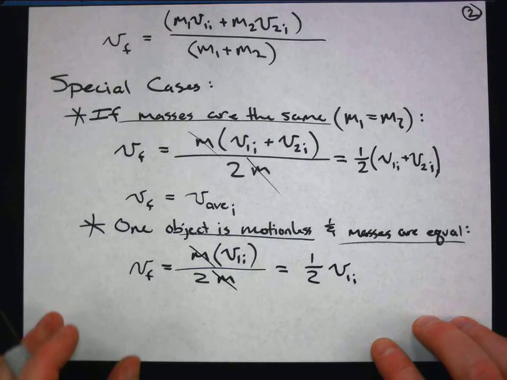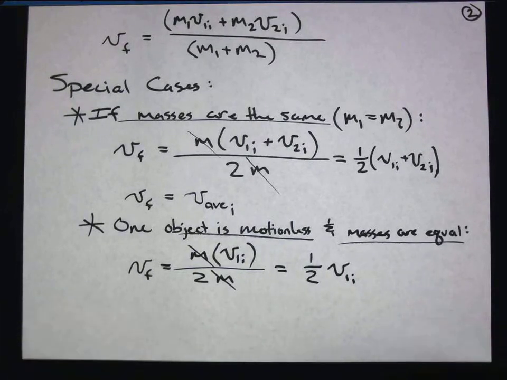So when one of them is stationary initially and the two objects have the same mass, then after combining, the final velocity of the combined object is going to be equal to 1/2 of the initial velocity of the first object. So it's almost like during the combination you doubled the mass and you got half the velocity, and that's to allow for the momentum to be conserved.